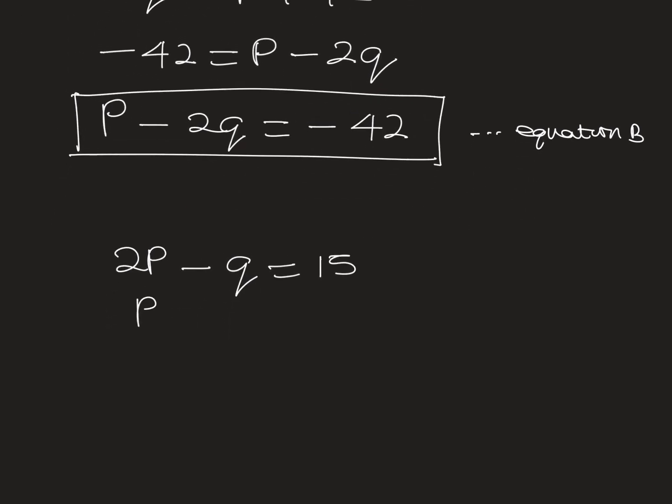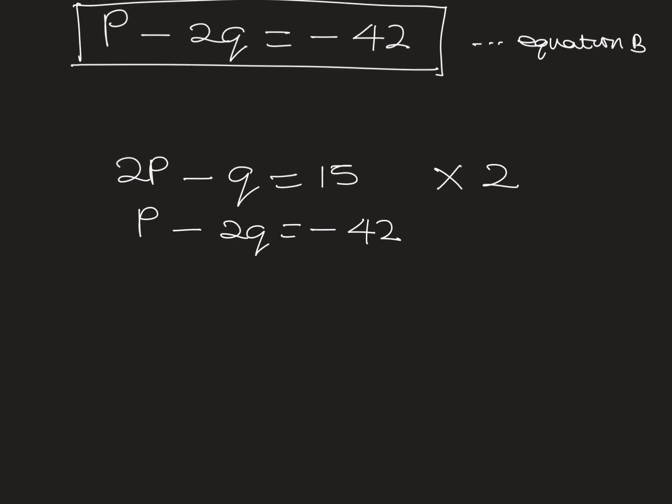Equation B is p minus 2q is equal to minus 42. If I want to solve this using the elimination method, I have to make sure that the q balances. Here I have 2q, here I have only 1q, which means I can multiply equation A by 2, and maintain equation B like that.